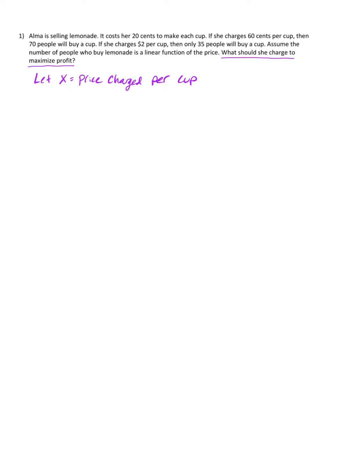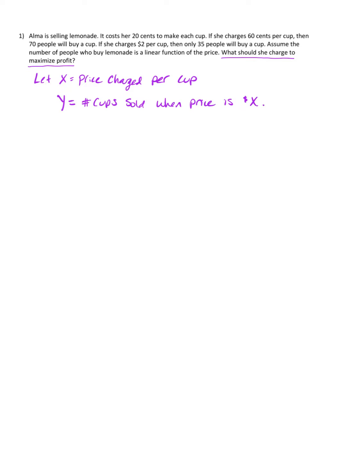Okay, so the other variable is the demand. The number of people that will buy a cup of lemonade depends on what she sets the price at. So I'm also going to let Y be the number of cups sold when price is X dollars.